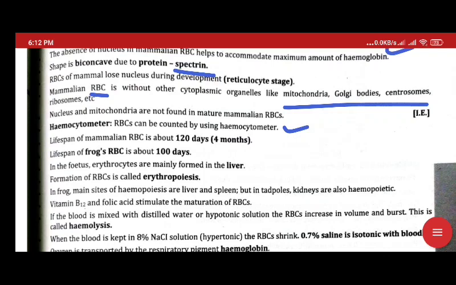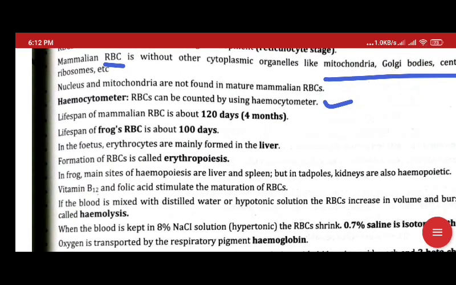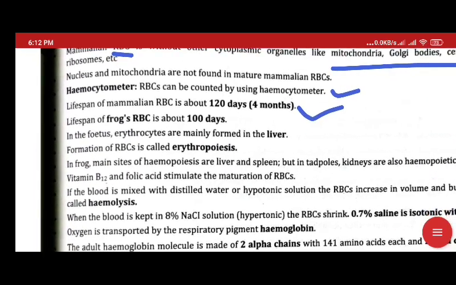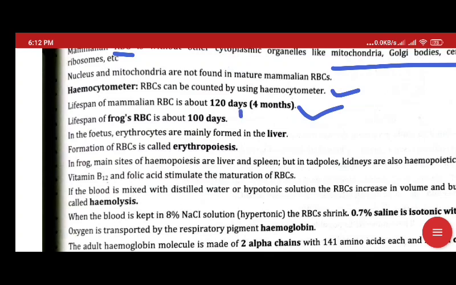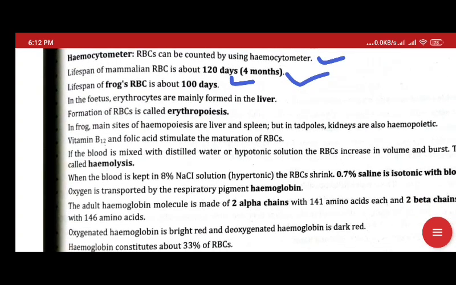In male we have 5.5 millions, and in female 4.5, and life expectancy is 4 months. We already know that in frog it is 100 days. Now in the fetus, we already know first is yolk sac, then second is liver, then third is spleen. This is the sequence of hematopoiesis.